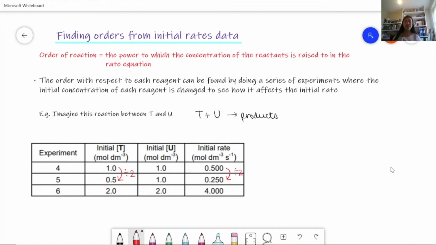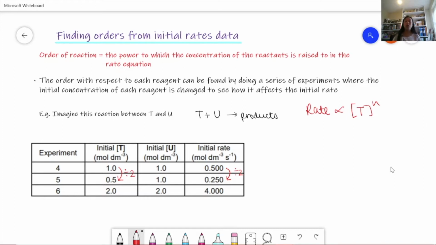And so this tells us that the order with respect to the concentration of T is 1 because when we halve the concentration of T, the initial rate halves. And we have the relationship of rate is directly proportional to the concentration of T to the power of n, where n is the order. So the order with respect to T is 1.